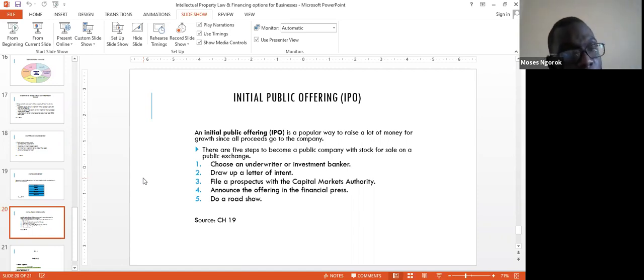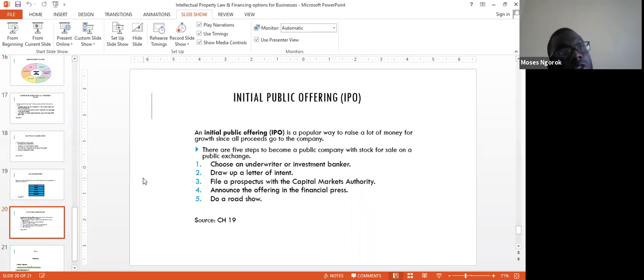It's a way to protect the public, that you do not collect their money and then fail to utilize it well, fail to pay dividends on the shares, or even to issue shares and pay dividends against those shares. So the Capital Markets Authority regulates that.